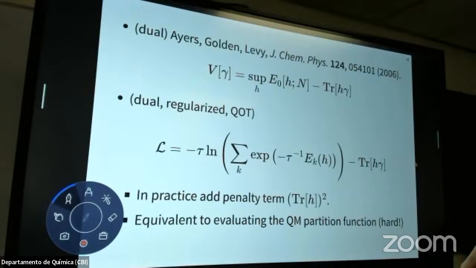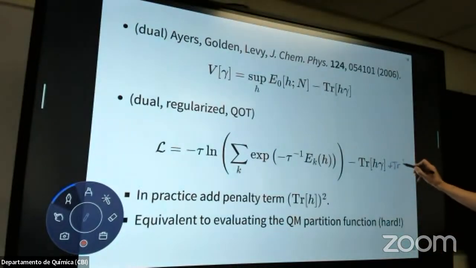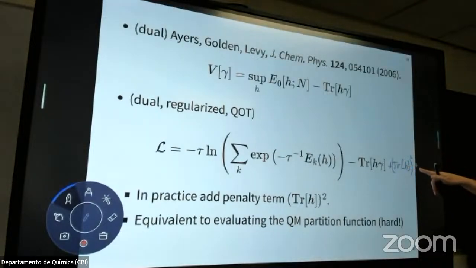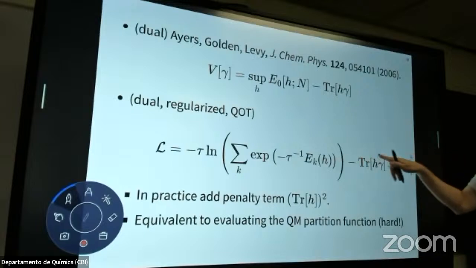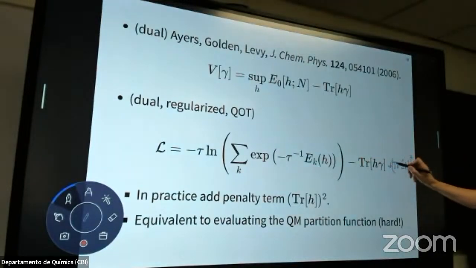And so in practice, what we do is we add on a constraint that is just trace of H squared, okay? So that forces, this is 0 when the trace of H is 0, and it's positive otherwise, right? And that makes us choose the minimum now, or the maximum. I put this with the max.